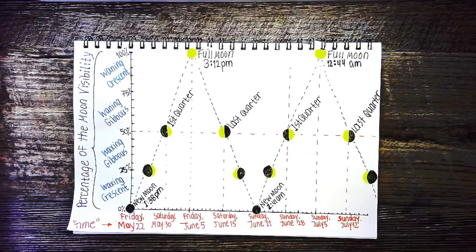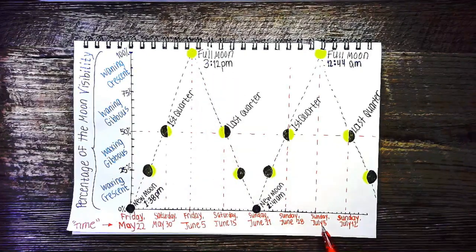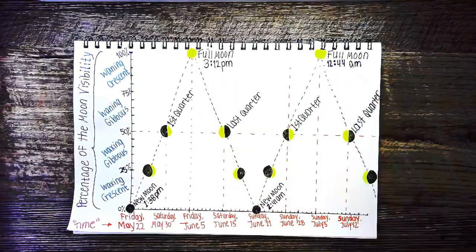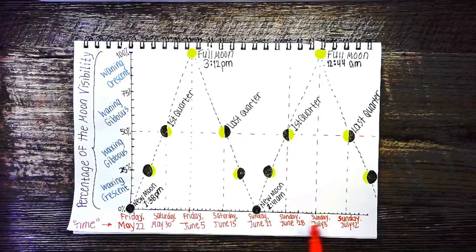What if I asked you, how many days, hours, and minutes are there between Friday, June 5th's full moon, and Sunday, July 5th's full moon? How many days, hours, and minutes? I'll give those answers later somewhere in the video. It'll be a little hidden gem or Easter egg somewhere in the video, okay? We'll see if you get that right.